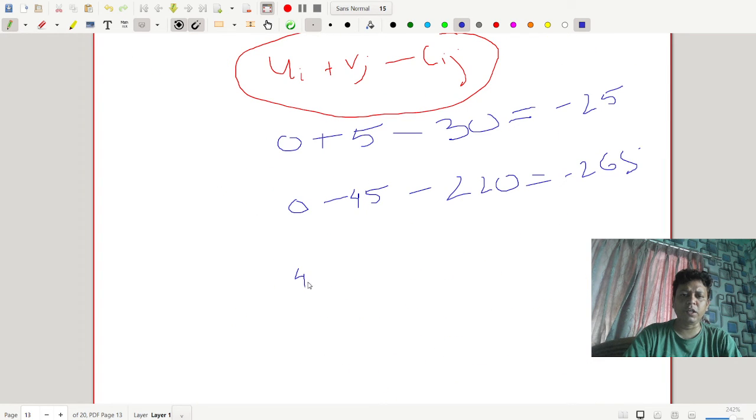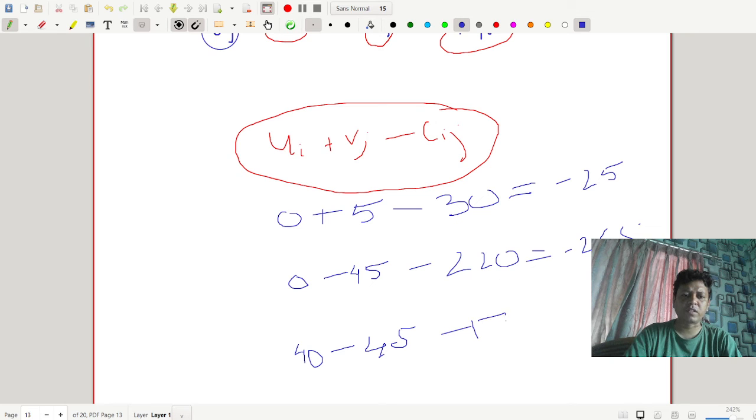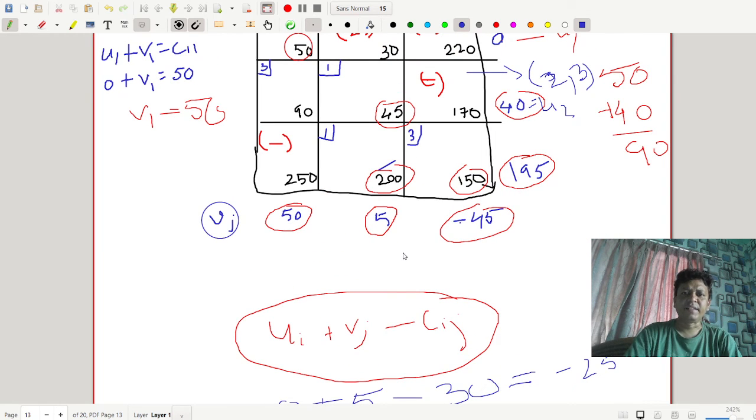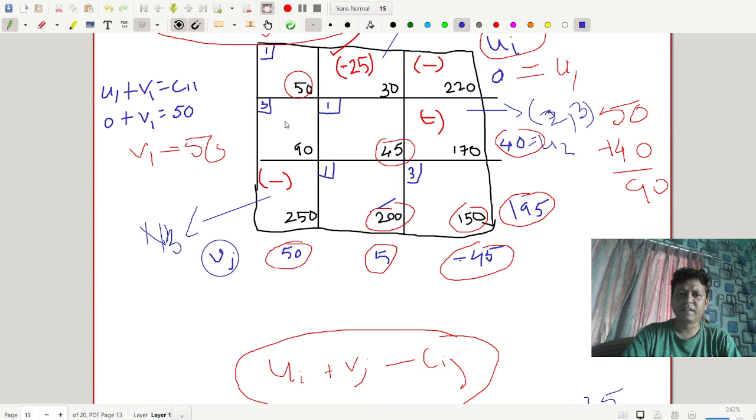So 40 minus 45, and what is your c23? 170. So minus 170. That is also negative. Similarly, if you calculate this one, this is also a non-basic cell, and it will give you the negative sign. So all the non-basic cells are negative.